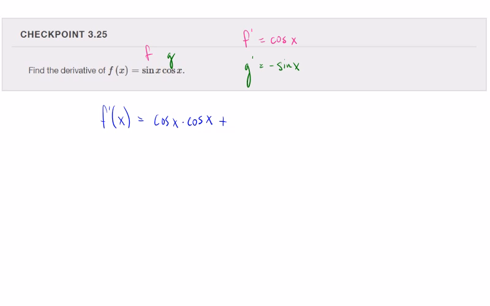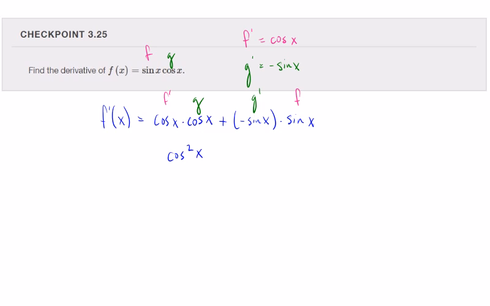So that's going to be negative sine, right, times positive sine, right? Okay, so here's f prime g, and then we have g prime and f.